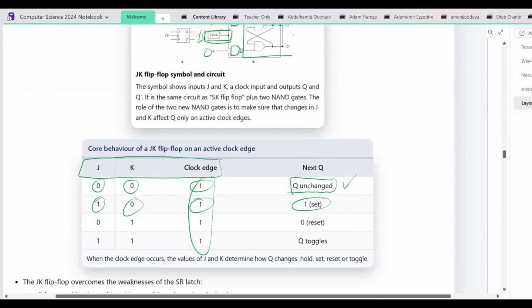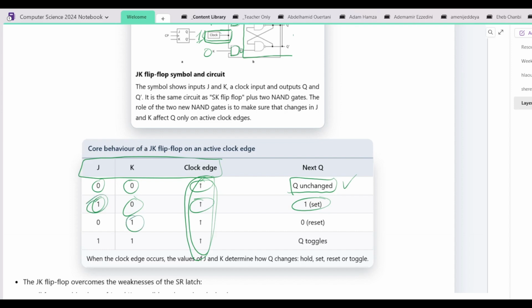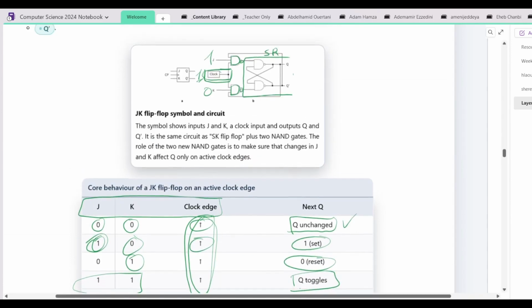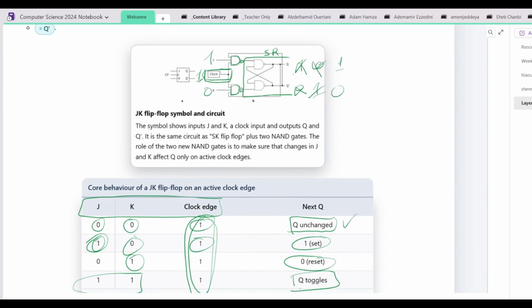So all changes in the state are subject to input 1 in the clock. If J is 1 we set it. If K is 1 we reset it to 0. If both are 1 1, this is the second improvement: Q toggles. Toggles means if it was 1 0 it becomes 0 1, and if it was 0 1 it becomes 1 0.